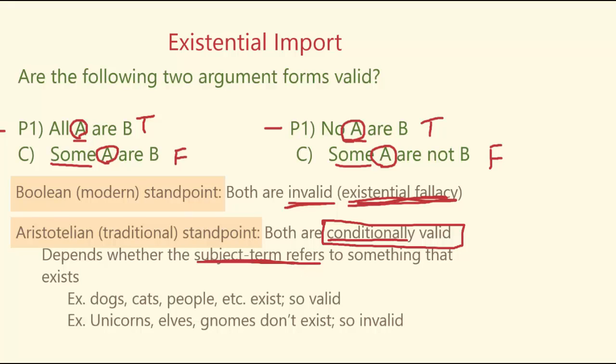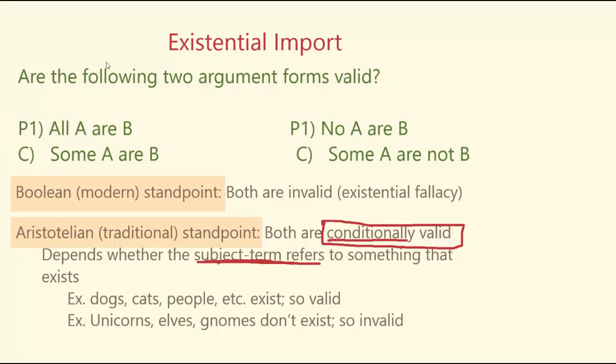So up here, if our A's do exist, so they refer maybe to dogs, cats, people, whatever, then it has existential import.